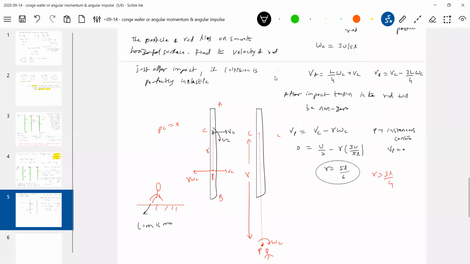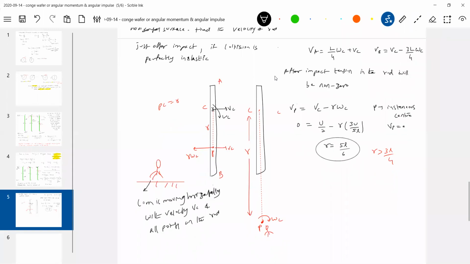Center of mass is moving horizontally with velocity Vc and all points on the rod are rotating with angular velocity omega C about center of mass.